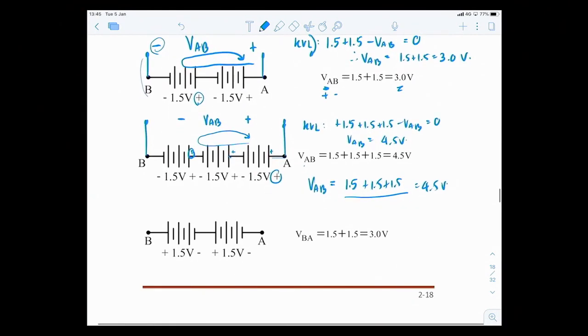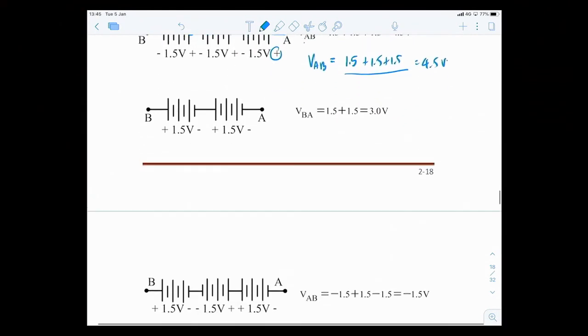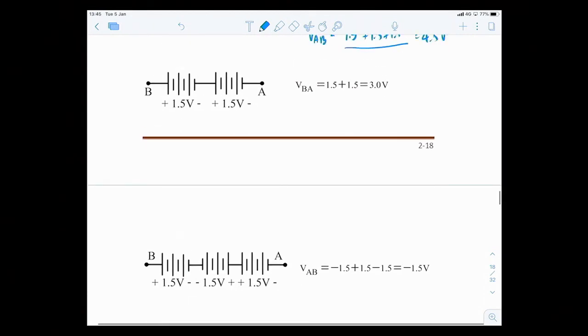How about this one here? VAB equals, walking from A to B, I see negative 1.5 here, positive 1.5, and then negative 1.5.